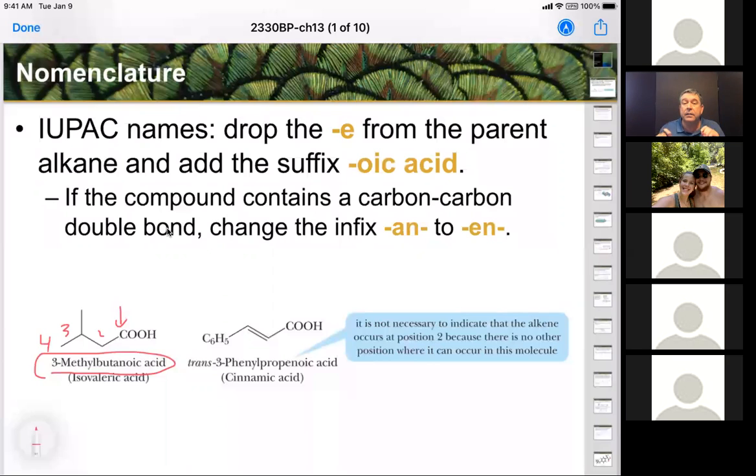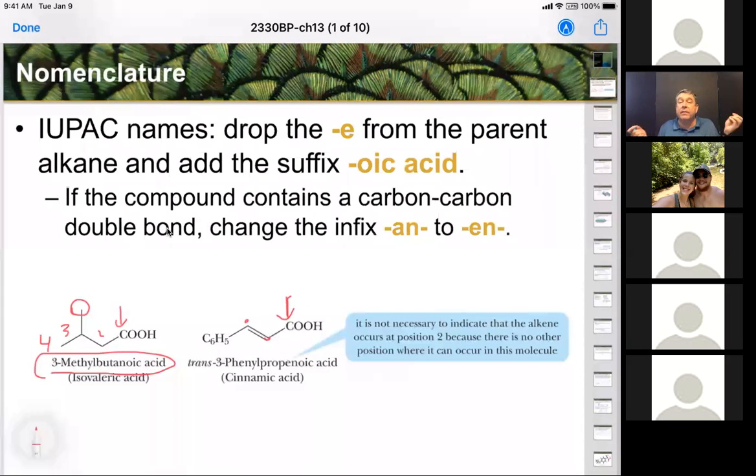Because the carboxylic acid is the name, it's always at the 1 position, and we name our substituents based on that. In the next case, we have 2 carbons, but don't forget we have to add the carbon of the carboxylic acid. So we have 3 carbons, which would be propanoic acid, but we have a double bond, so it's propenoic acid. We have that infix of the "en" showing us we have a double bond.